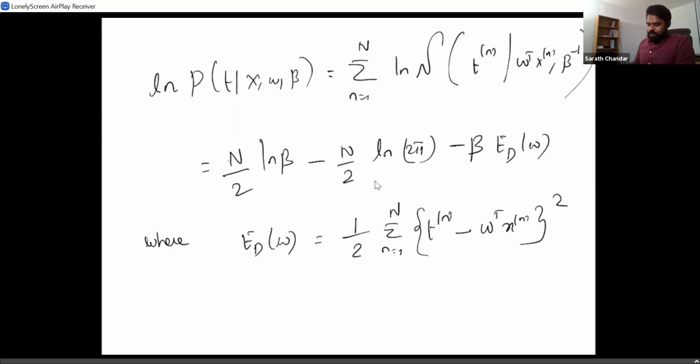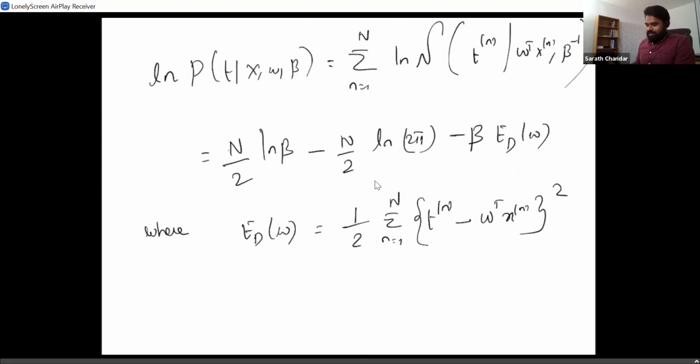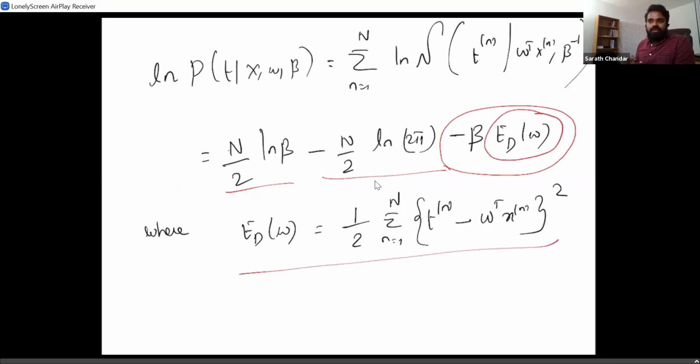Now we are maximizing this log likelihood. You can see that the first term has nothing to do with w, and the second term has nothing to do with w, so you cannot do anything with these. So maximizing the log likelihood is equivalent to maximizing this term, or in other words, minimizing this term. Minimizing ED is exactly what least squares is doing.